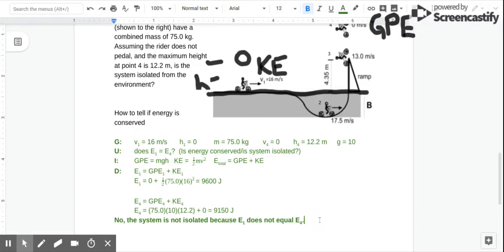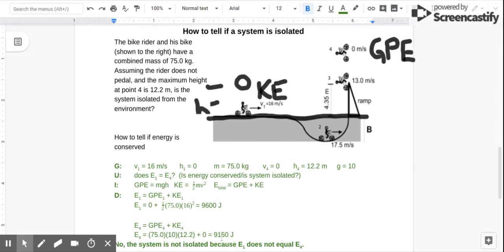So we might say the bike rider probably hit the brakes at some point before he left the ramp. This can be part of your explanation.